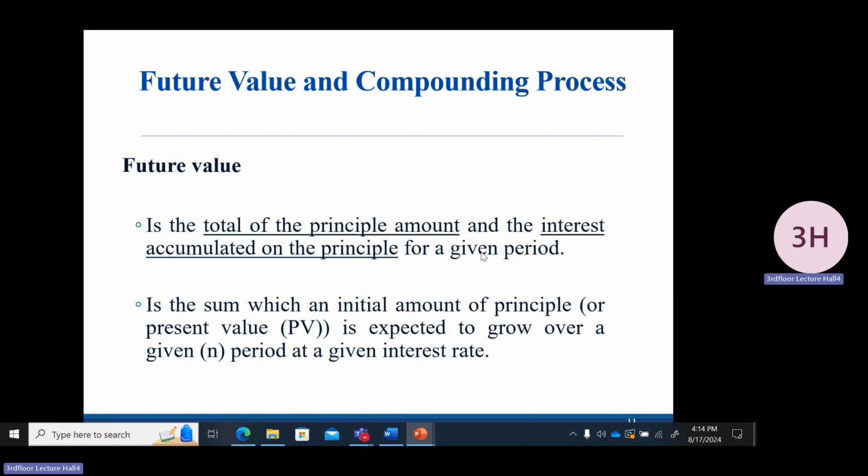Right. So now we are going to the first one, future value of the single cash flow. Now I will give an exercise.